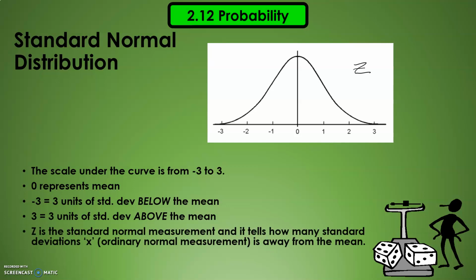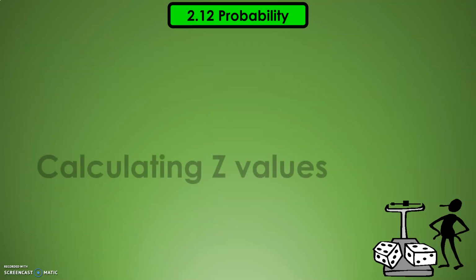Z is the standard normal measurement, and it tells us how many standard deviations x is away from the mean. In other words, if you have Z is equal to 2.141, it means 2.141 standard deviations. So that might be a little bit confusing to start, but hopefully it starts to make sense.